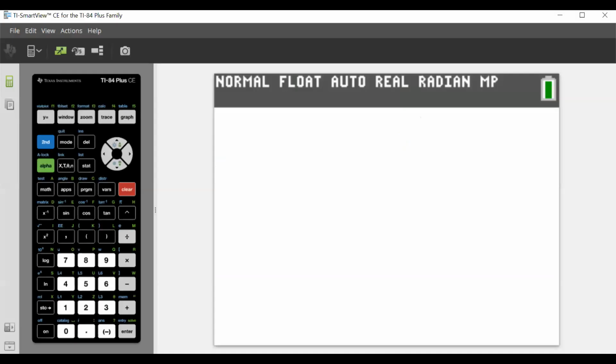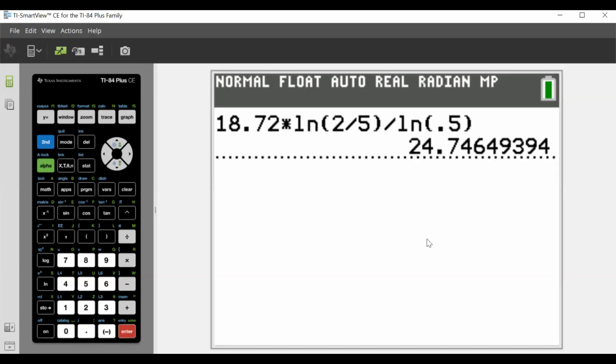So we had 18.72 times ln of 2/5 divided by ln of our base, which was 0.5, and we get 24.746 to the nearest hundredth, which is 2 decimals.